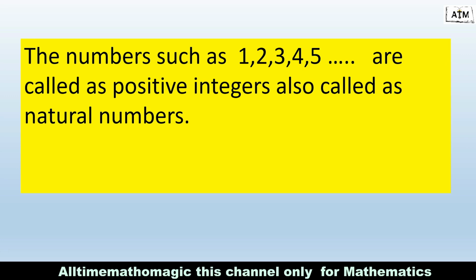In case of positive integers, if 0 is not included and we write only the numbers other than 0, example +1, +2, +3, +4, +5, which are greater than 0, then the numbers are called natural numbers.